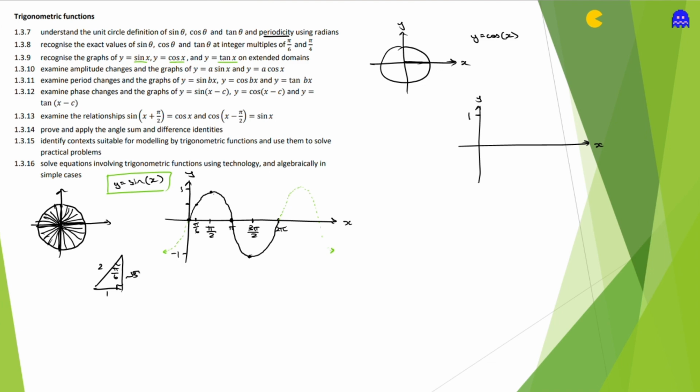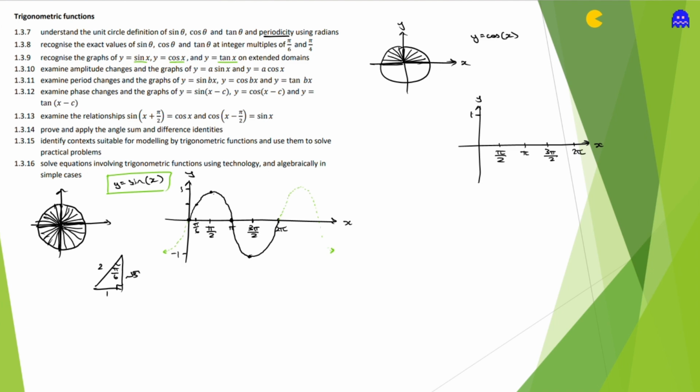This is our maximum value for cosine x. Then, as we increase, we reach cosine equal to 0 at pi on 2. At pi, we reach -1. At 3 pi on 2, we get back to 0. And at 2 pi, we get back to 1.